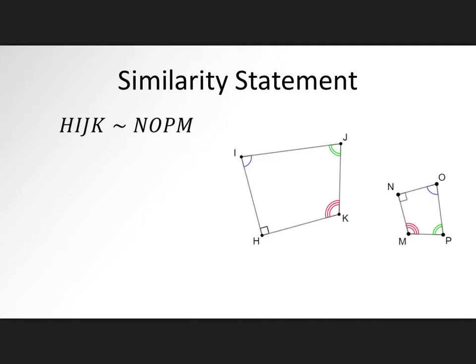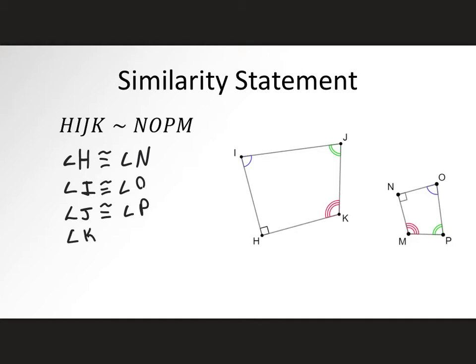So if we break apart this similarity statement, we know that the corresponding angles that are congruent to each other will be angle H and angle N, angle I and angle O, angle J and angle P, and angle K and angle M.